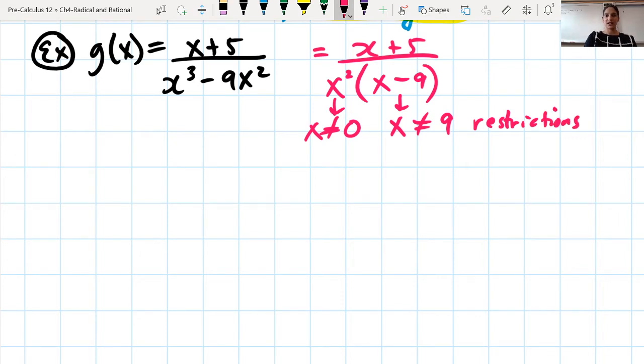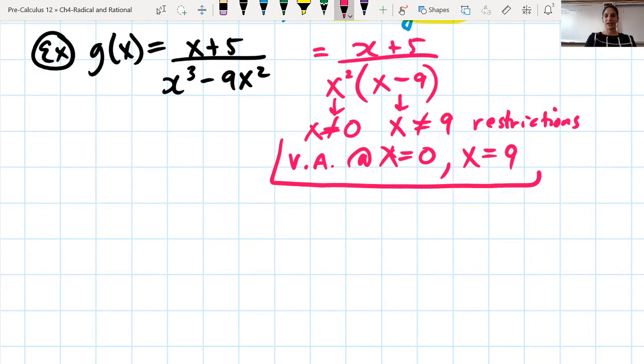And how that translates into our answer is that there's a vertical asymptote at x equals 0, and another one at x equals 9, because both of those things are not allowed. So that's a quick summary on how we find the vertical asymptote from our equation.